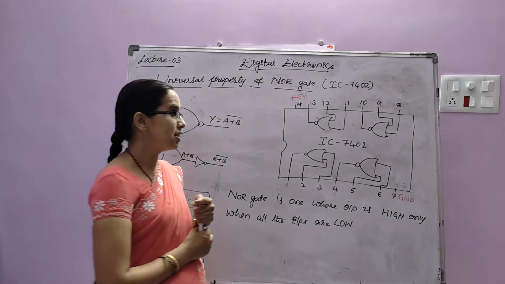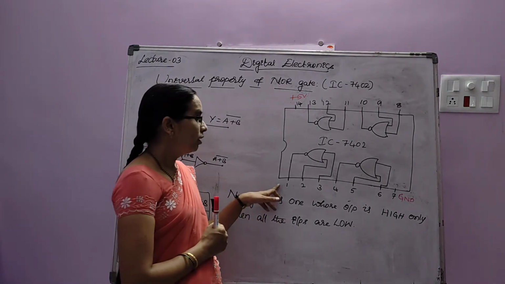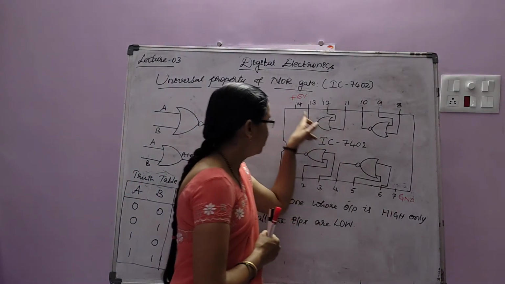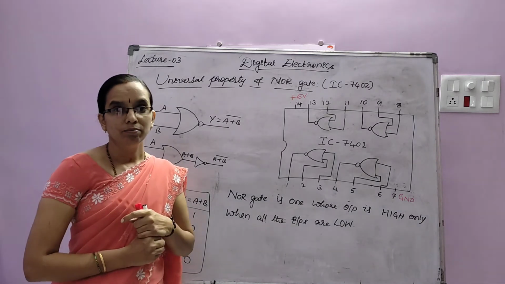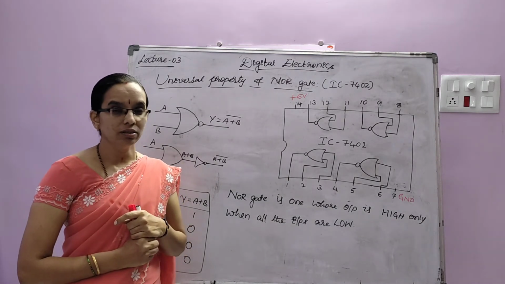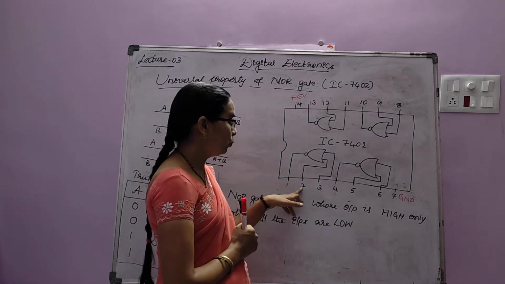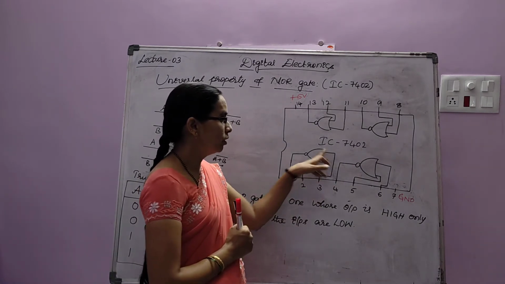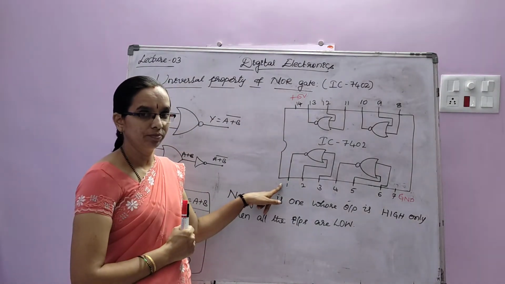IC 7402 is a NOR gate IC where the 7th pin and the 14th pin are used for the ground connection and power supply connection respectively, where 2 and 3 are the inputs of the first NOR gate and 1 will be the output.